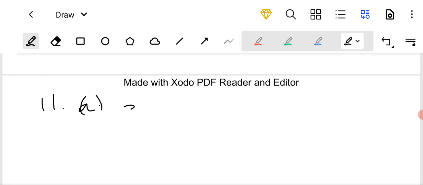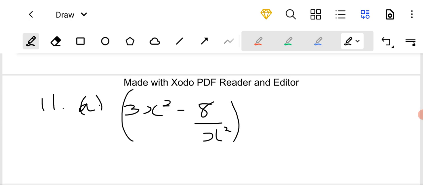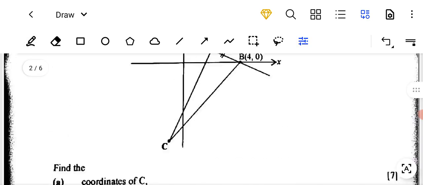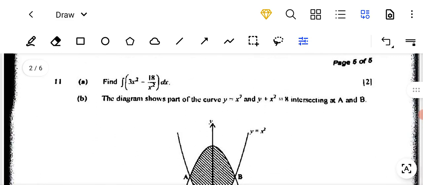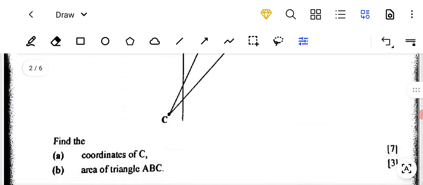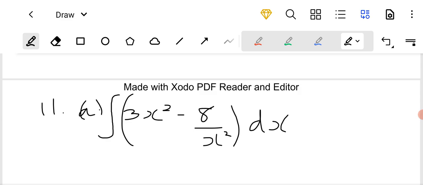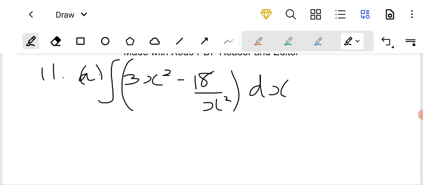We have the integral of 3x squared minus 18 divided by x squared, dx. Of course, we are taking the integral of this. This is only carrying 2 marks, very basic.